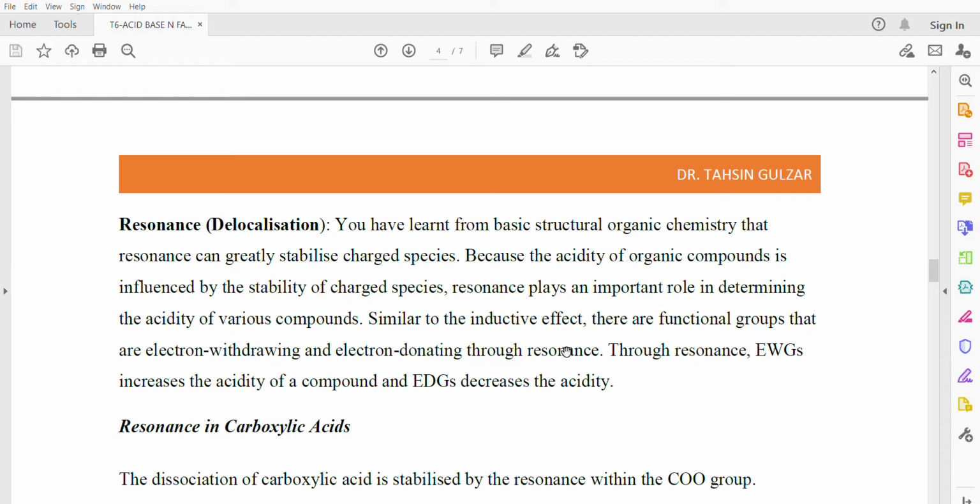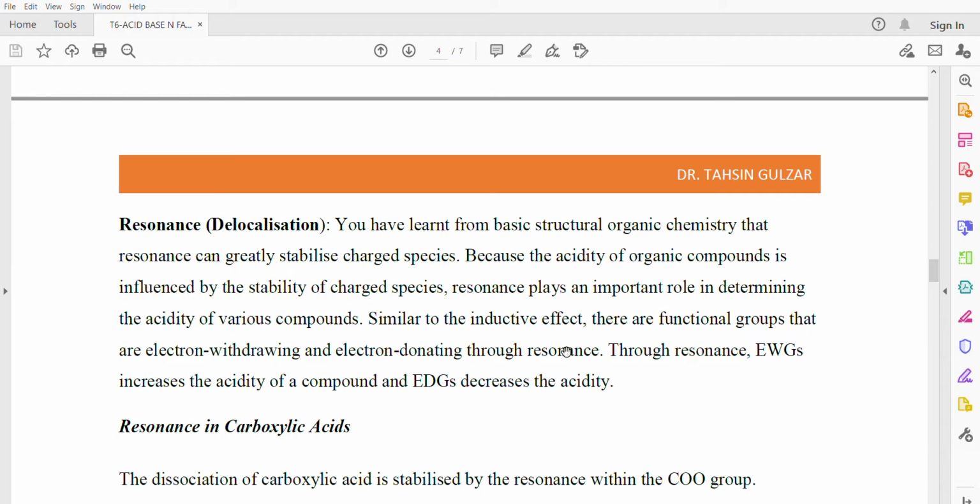The negative charge will be affected by the electron withdrawing effect of the fluoro groups. The negative charge is no more just on oxygen; electrons are pulled by the three fluoro groups.